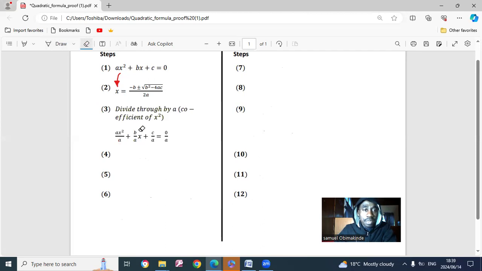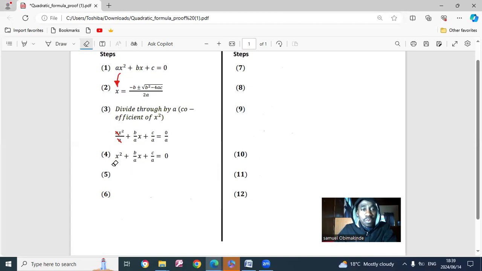So in step 3, we divide through this equation by a, which is the coefficient of x squared. And by the time you divide each term by a, this a here cancels this a. Then you are left with x squared here, and that takes us to step 4.